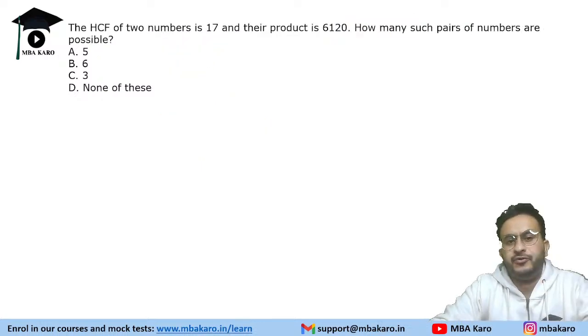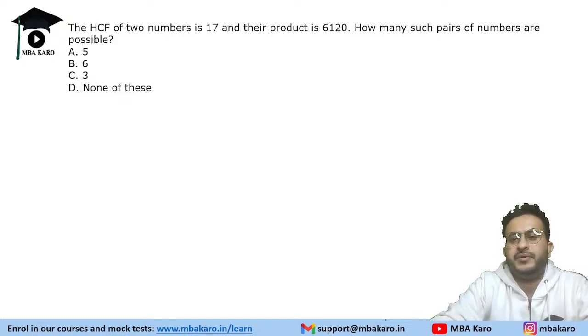The HCF of two numbers is 17 and their product is 6120. How many such pairs of numbers are possible?